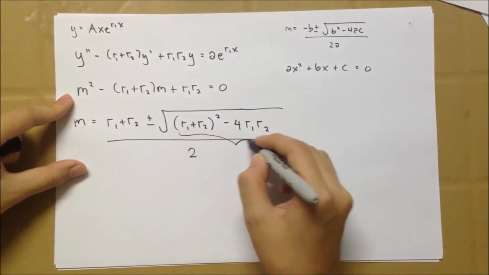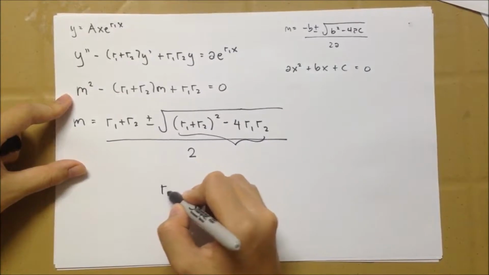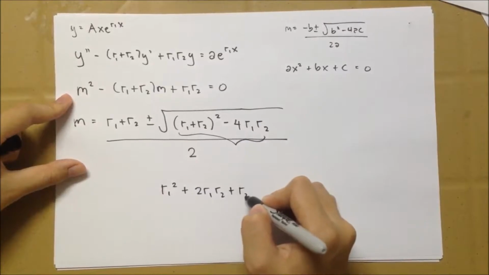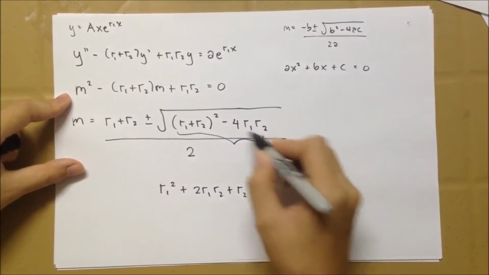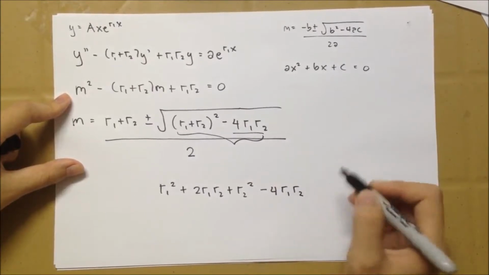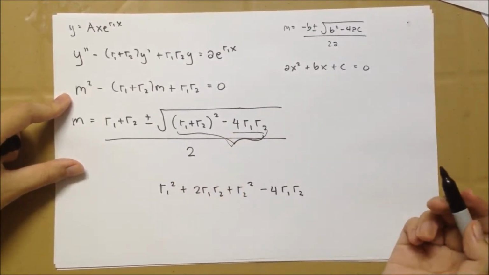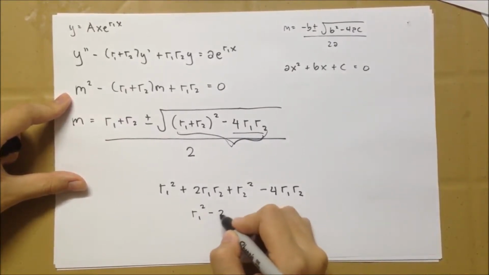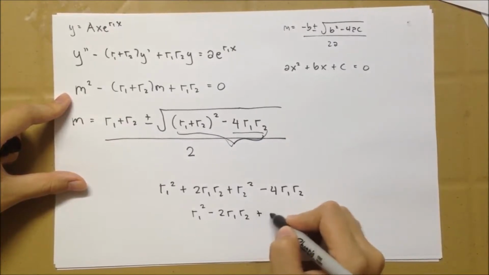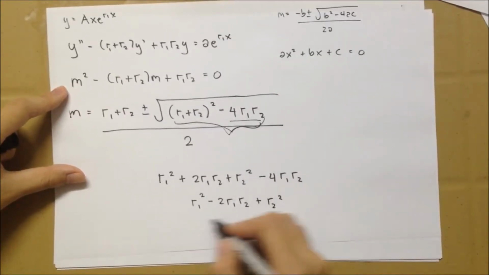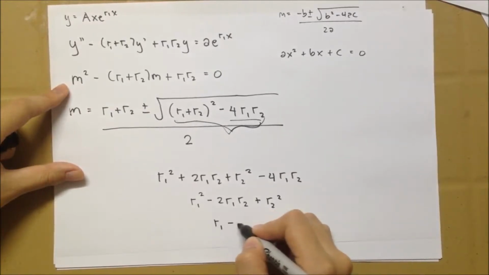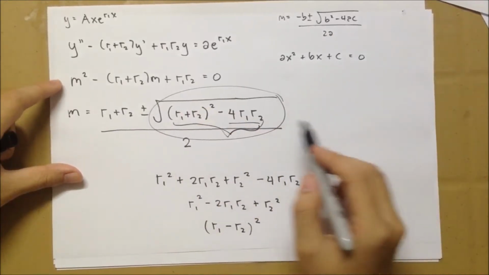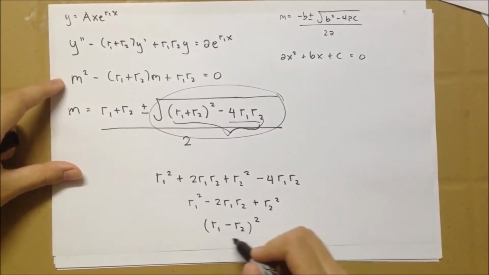Simplifying this portion here, I'll have r1 squared plus 2 r1 r2 plus r2 squared minus 4 r1 r2. So the term here can be simplified as r1 squared minus 2 r1 r2 plus r2 squared, and this can be factored as (r1 minus r2) squared. The square root of that is just equal to r1 minus r2.